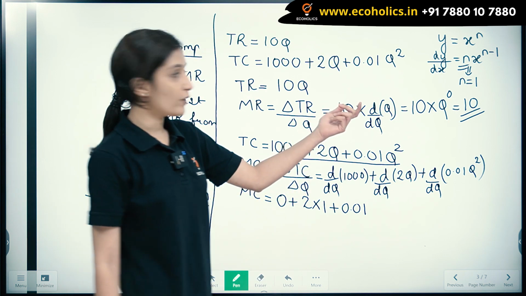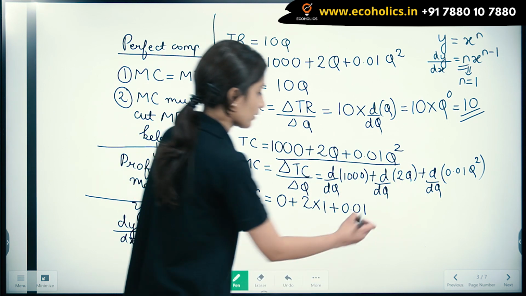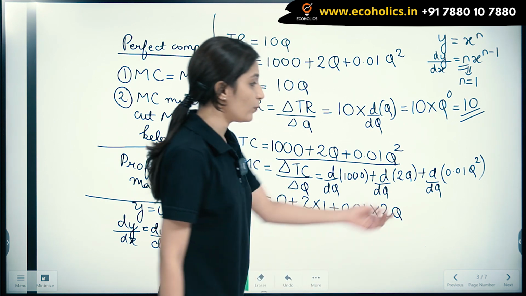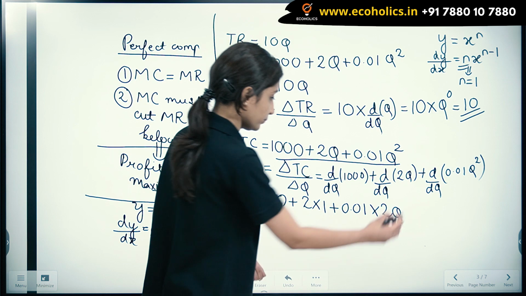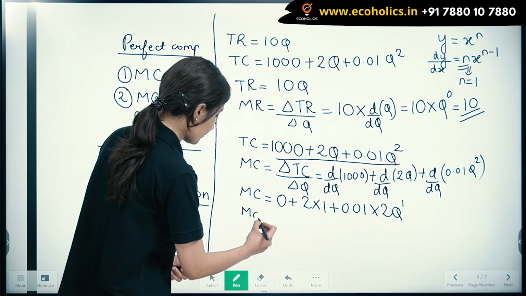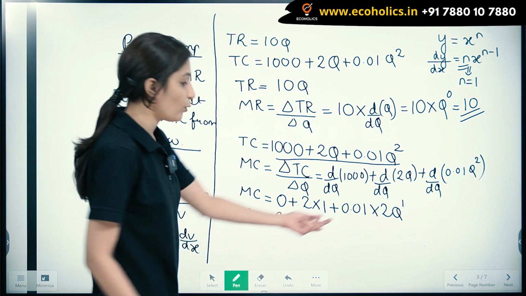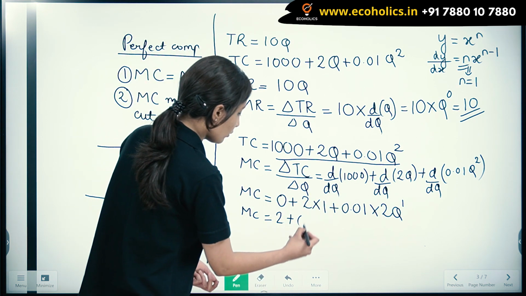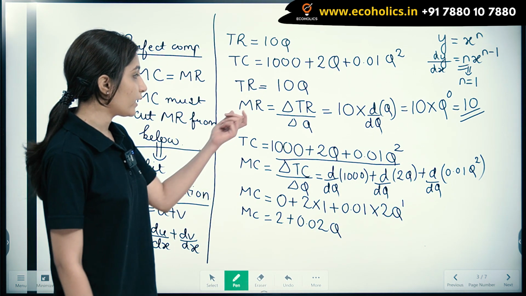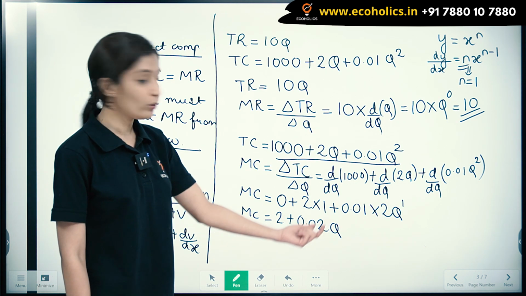Now using our power function rule, in this case we have n is equal to 2. So 2q raised to 2 minus 1 is 1. So now our MC is 2 into 1 is 2 plus 0.01 into 2 is 0.02q. So now we get our marginal revenue as 10 and marginal cost as 2 plus 0.02q.